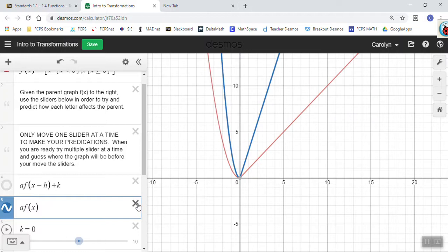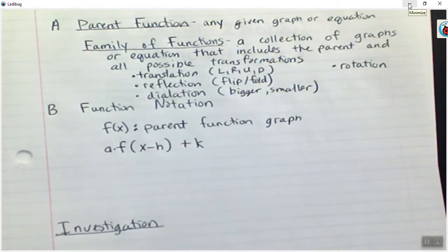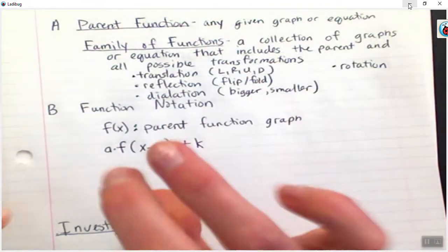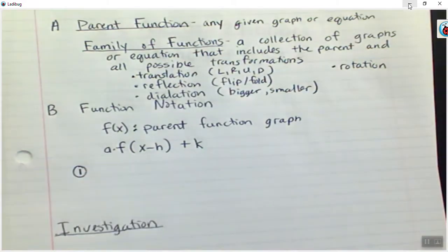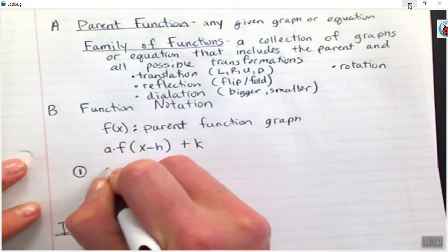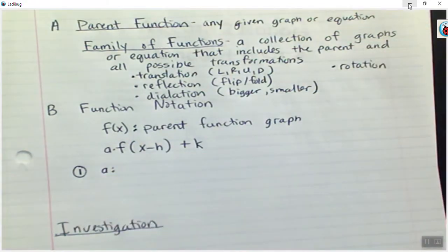All right. So we've discovered A, H, and K in function notation, how it's going to affect the graph. Now we're going to write it down. We'll formalize it together. Here we go, A. I'm going to do it in order because order matters. First, you will do A. And we can match up the words.